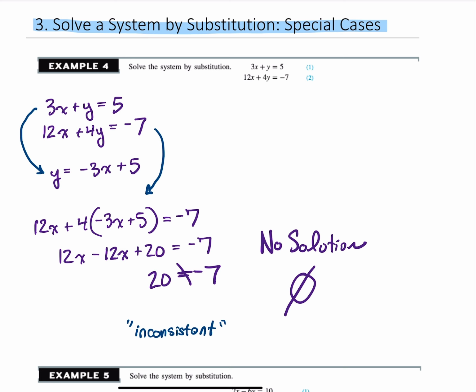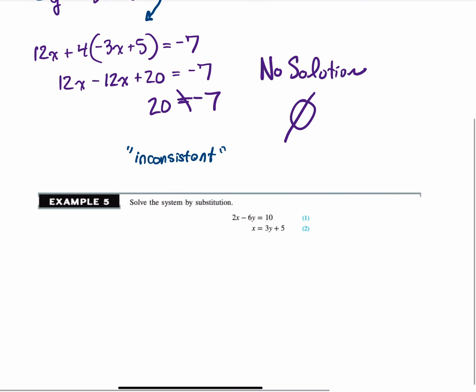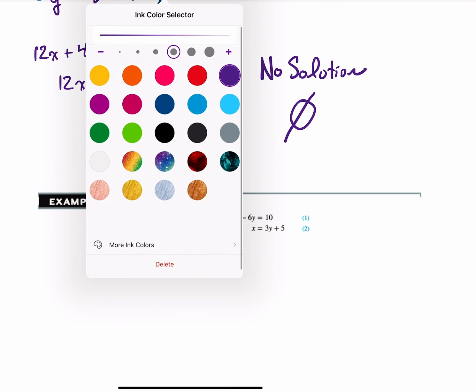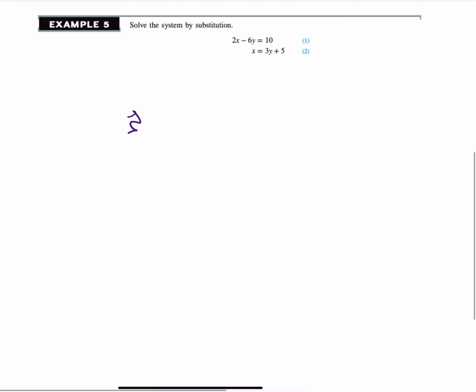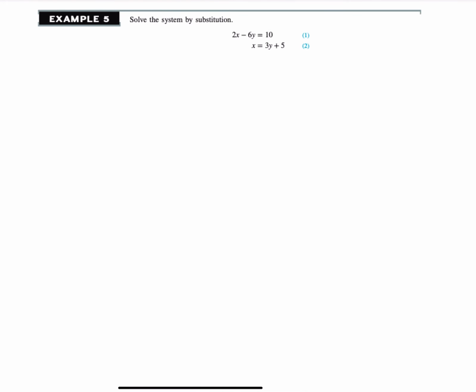All right, let's look at example 5. So we have our two equations. I have 2x minus 6y equals 10. And then we have x equals 3y plus 5.